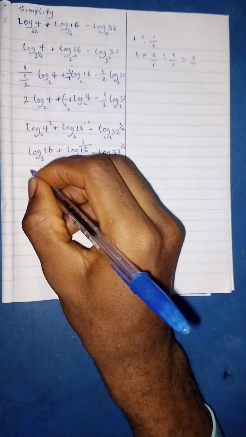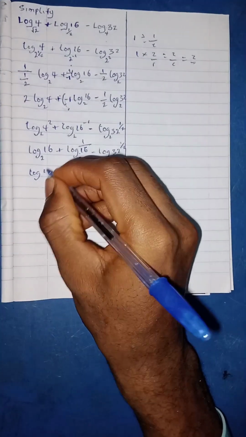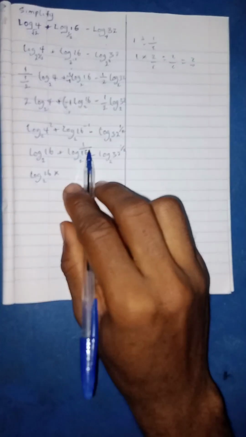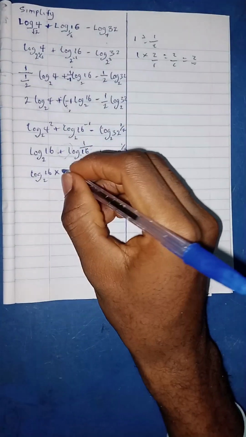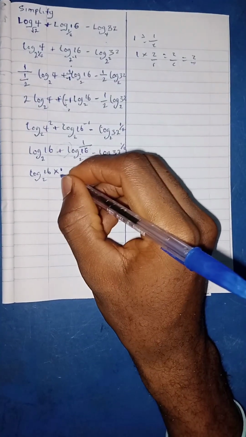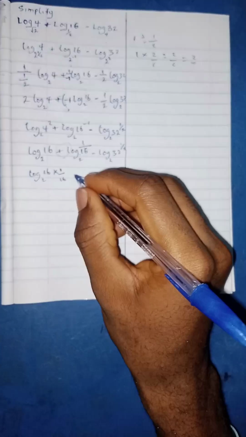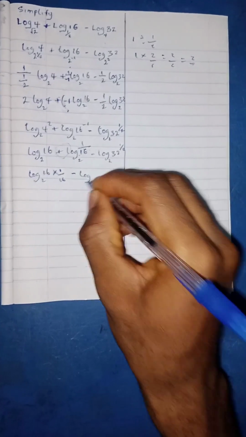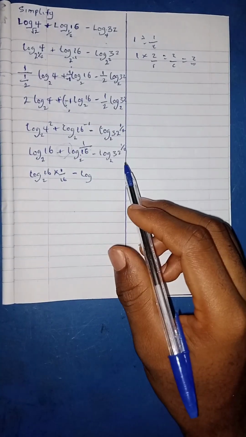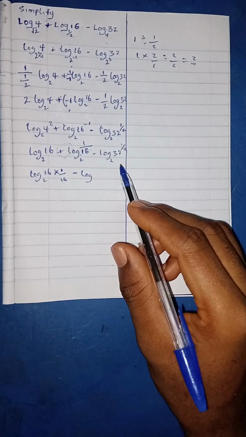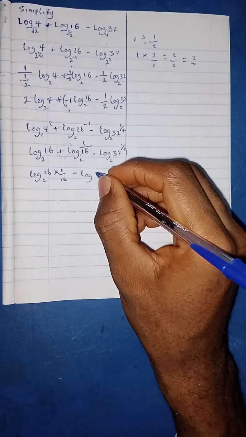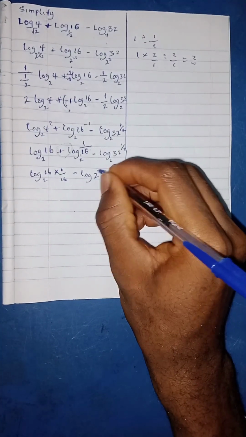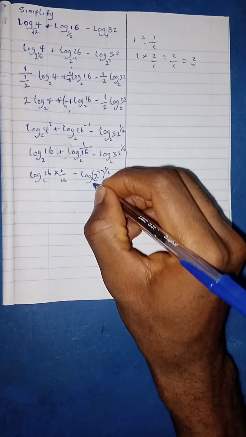Okay, now this is same thing as saying log 16 to the base 2 times, alright, so when you're having plus from our laws of logarithm, 1 over 16, now minus log, now this 32 is the same thing as saying 2 to the power of 5, because 2 to the power of 5 will give us 32, so we are saying 2 to the power of 5 brackets 1 over 2 to the base 2.